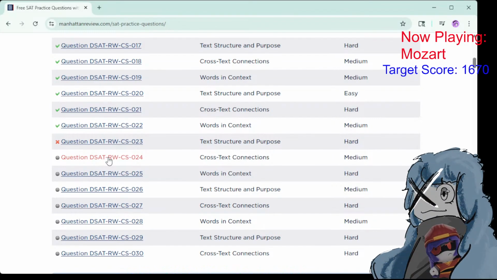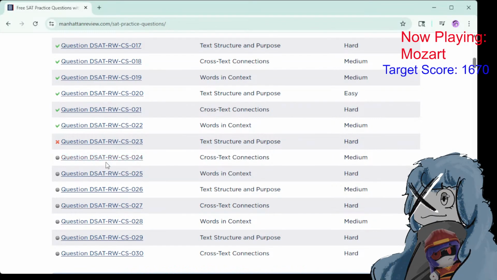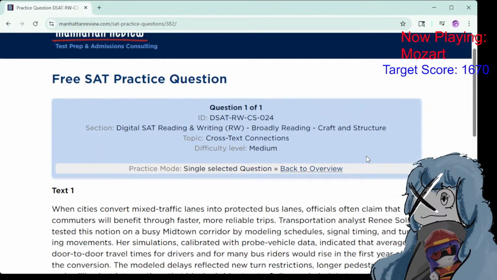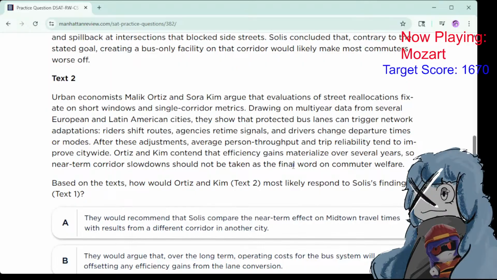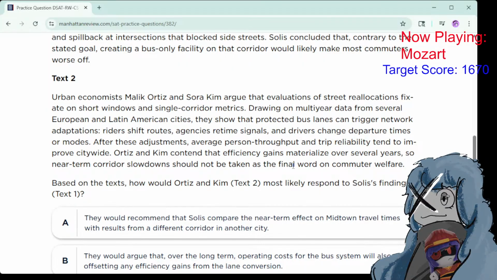It isn't good, guys. I need water. I wonder what the average score for this is.